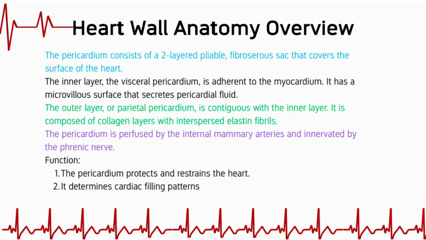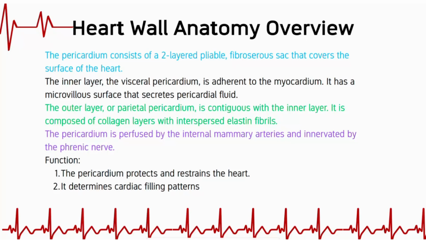The outer pericardium is composed of collagen layers and interspersed elastin fibrils, and the layering of this provides that elastic effect, that recoil effect, that is really important to create pressures inside the heart to help with pumping blood out into, say, the systemic or the pulmonary circulations.